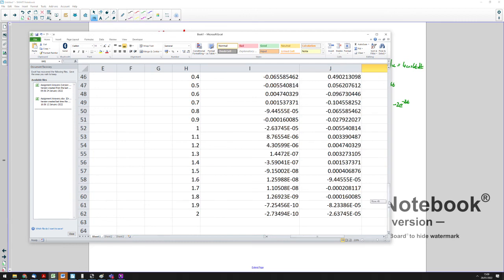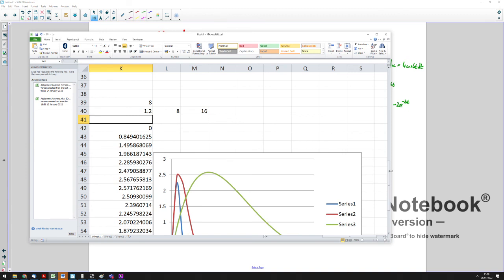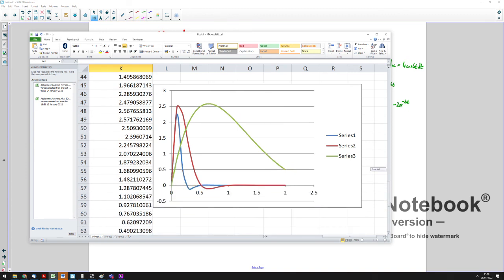plot the equation in Excel and use Excel to work out, like the trapezium rule we did last week, the area under that curve.